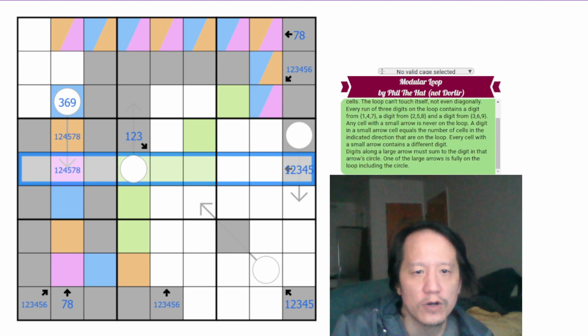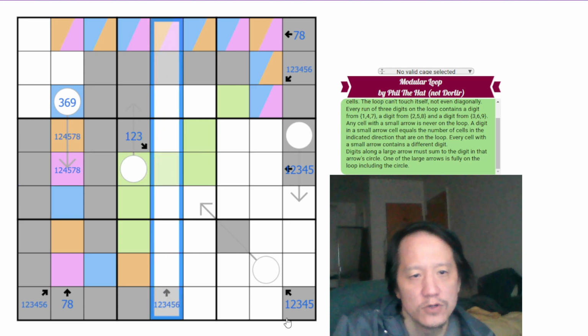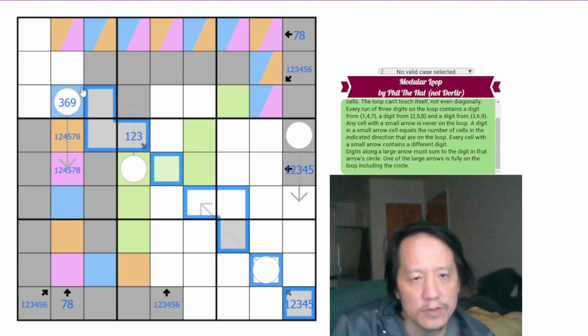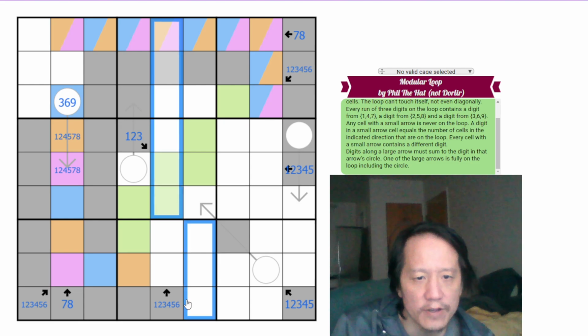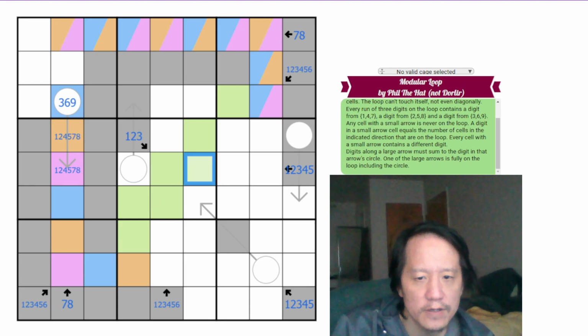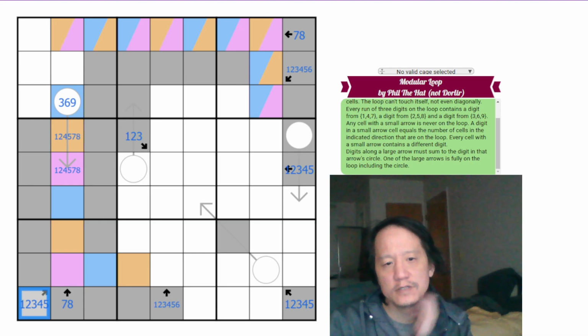This would be 4, and this would be 2, but this would be 2 also along this diagonal. So that doesn't work. And then I think we can show that it's the same for all of these, right? This is 3 again. This is 3 and 3. So that doesn't work. And then we try this one up top. This becomes 4. This is 2, and that just doesn't work. So we just know now that this cannot be 6.